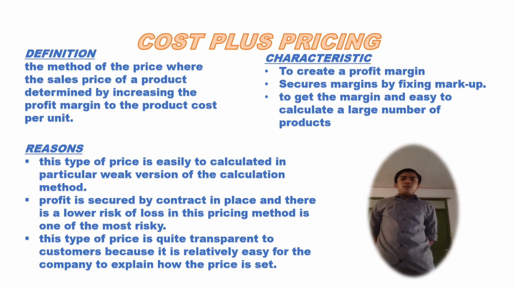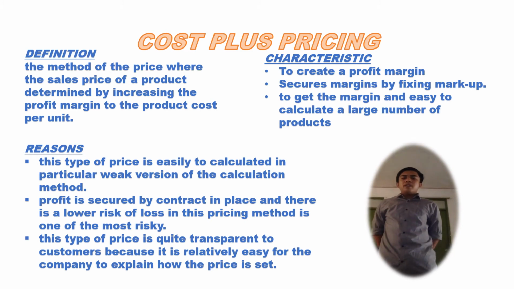Next, profit is secured by a contract in place, and there is a lower risk of a loss, but it is one of the most risky pricing methods. And lastly, this type of pricing is quite transparent to customers because it is relatively easy for the company to explain how the price is set.